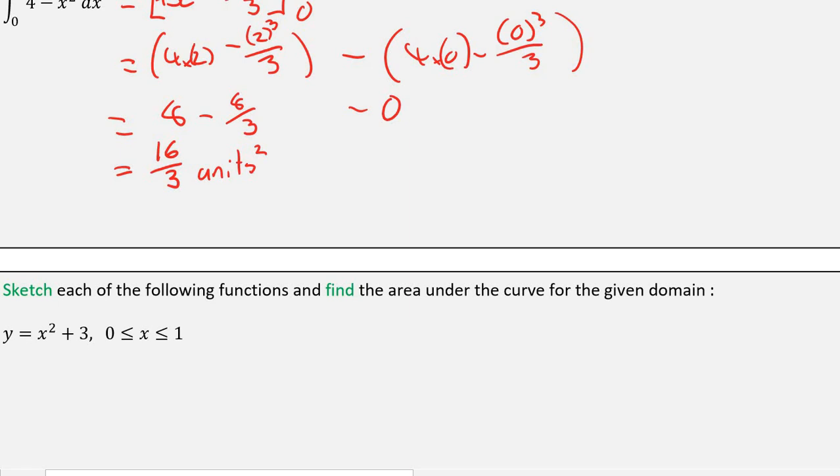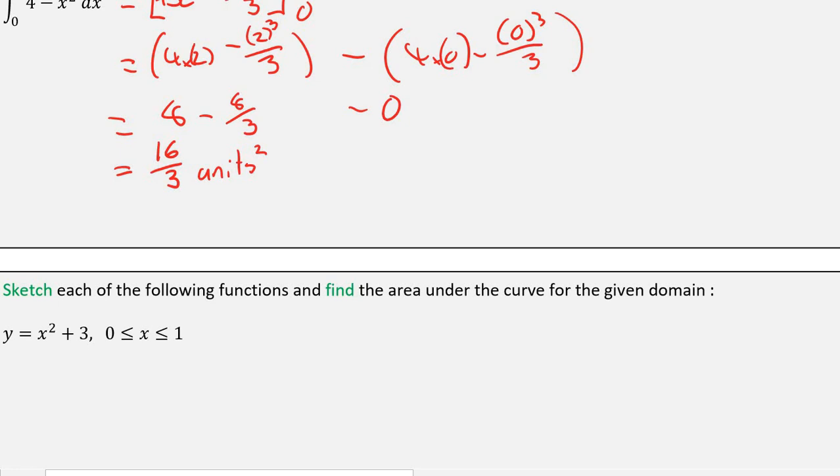I might just pause quickly, guys. If you go to your graphics calculator, it is really good at calculating definite integrals. So if you go on math and go down to the bottom, the number 9 says fnInt, the definite integral, and it'll give you a little display where you put in your lower and upper bound, your function, and then what variable you're using.